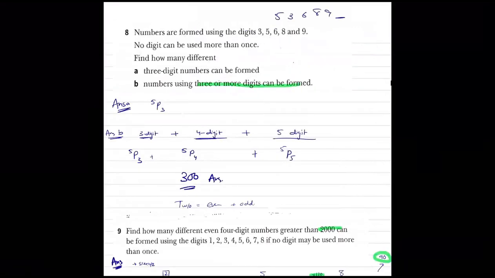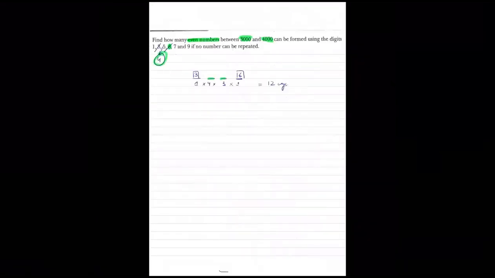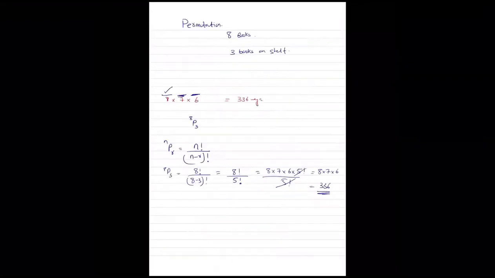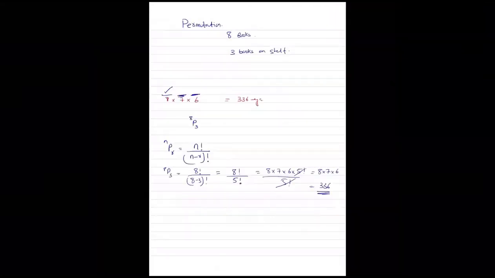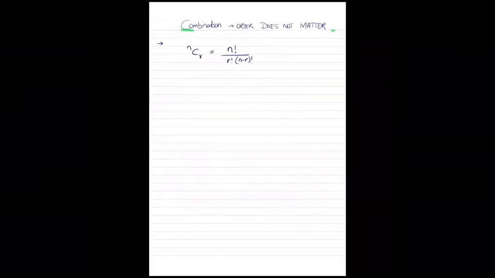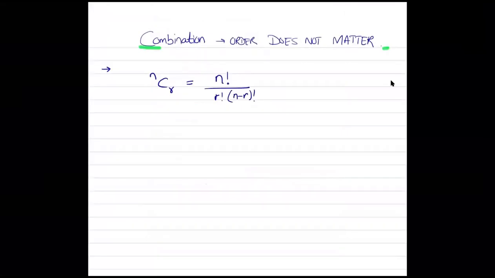Remember, for permutation, what we discussed was that nPr is equal to n factorial divided by (n minus r) factorial, right? So combination over here is n factorial upon r factorial times (n minus r) factorial.